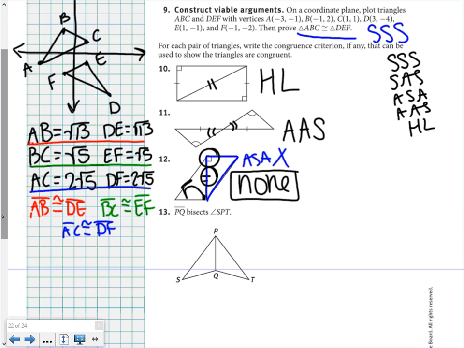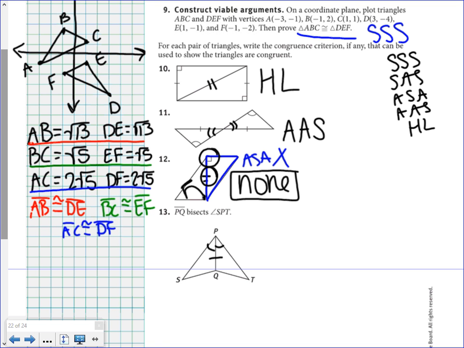On this next one, PQ bisects angle SPT. So that means that this angle here is congruent to this angle here. That does not mean that these two angles are congruent. We only know that this angle and this angle are congruent. We also know that they share side PQ, so it's congruent by the reflexive property.